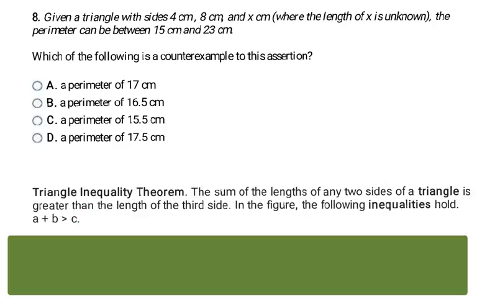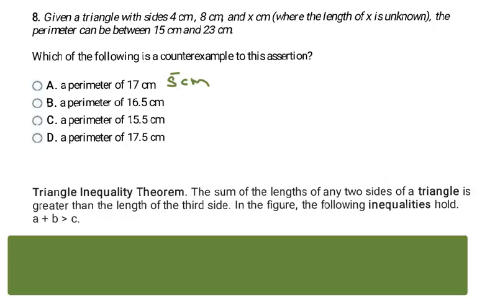So if I look at letter A, if I have a perimeter of 17, and I know that 4 and 8 is 12, that means my third side is going to be 5 centimeters, because 4 plus 5 plus 8 gives me 17. If I add 4 plus 5, that's 9, which is greater than 8.